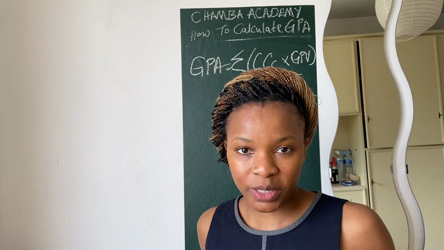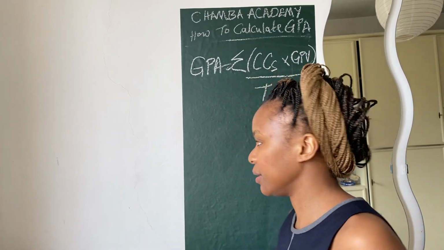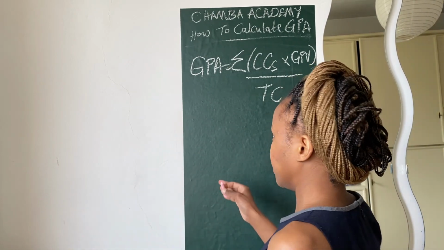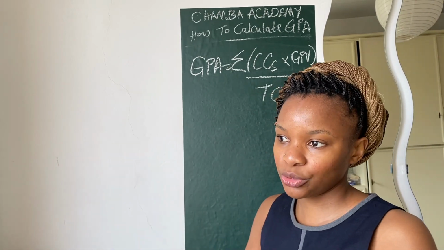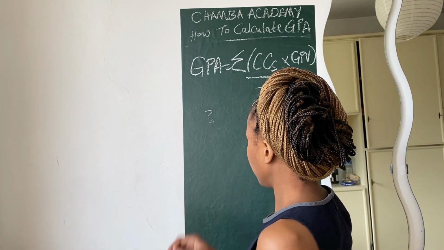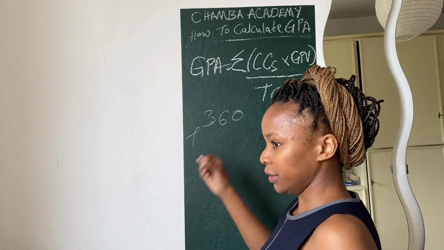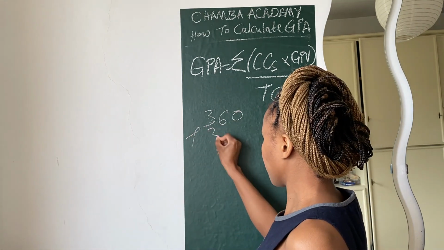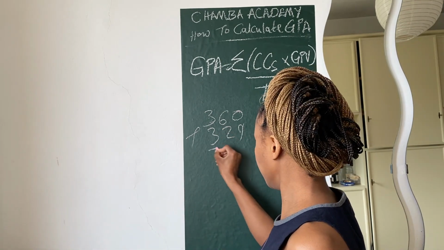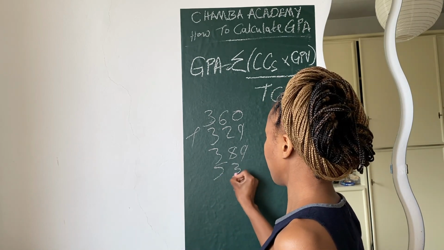However, if you don't want to divide per year, the other thing that you can do is just calculate it by adding all the totals that you had accumulated in each year. So first year we had 360, second year we had 329, third year we had 389, and fourth year we had 532.